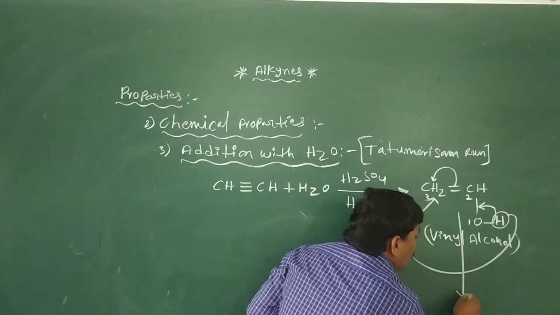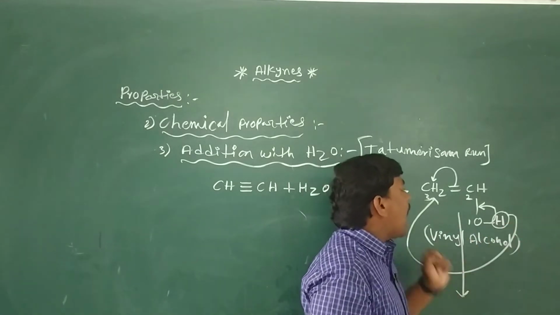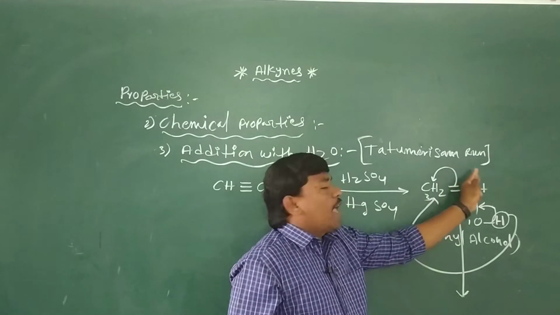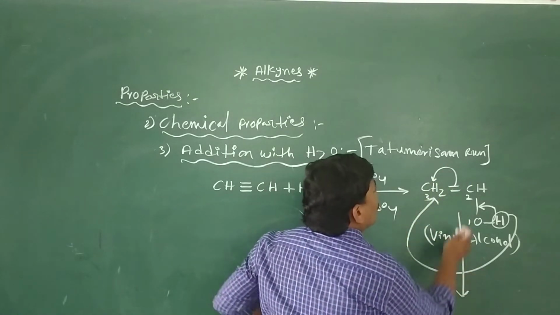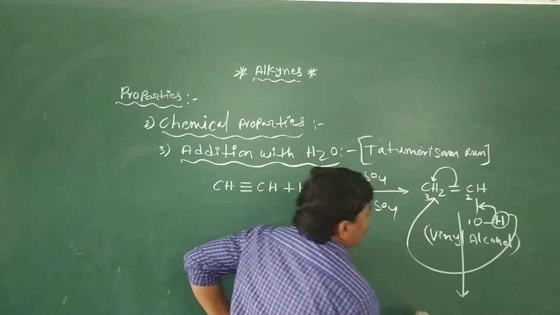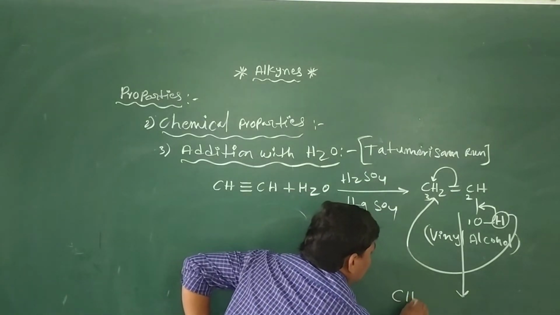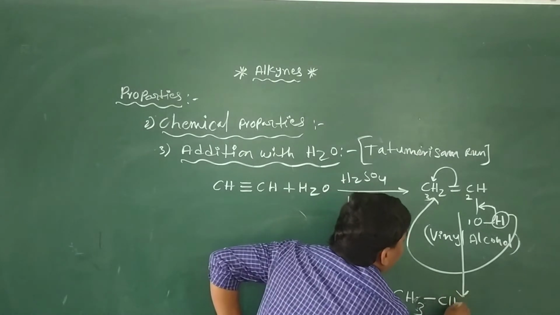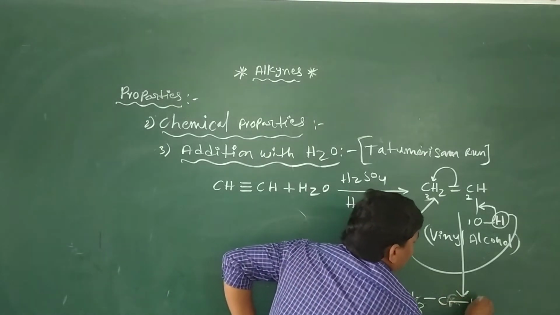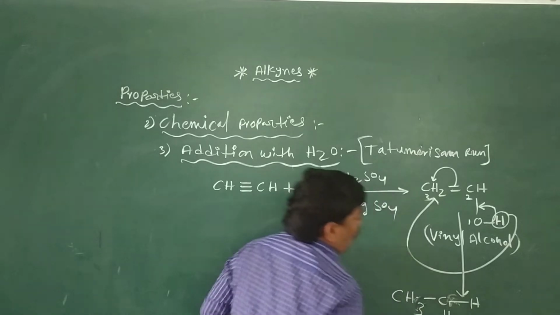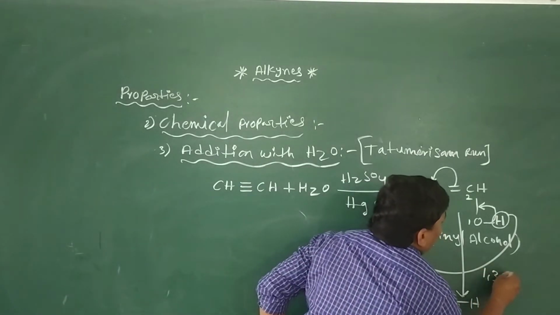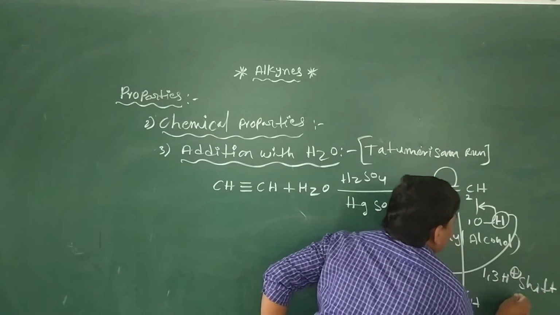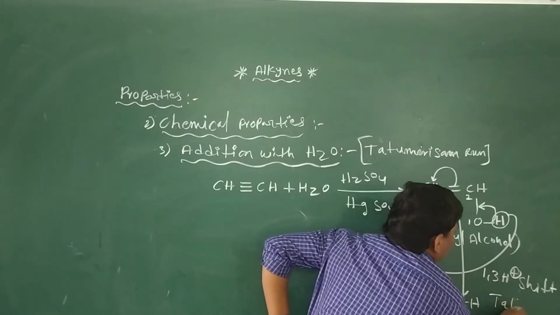This is tautomerism: an H plus ion moves from one position to the third position. The compound formed is CH3-CH=O.